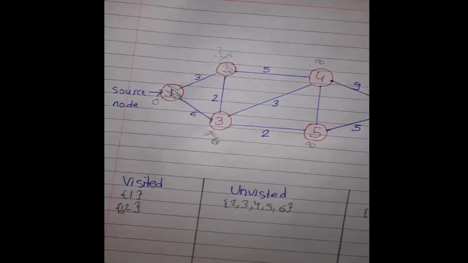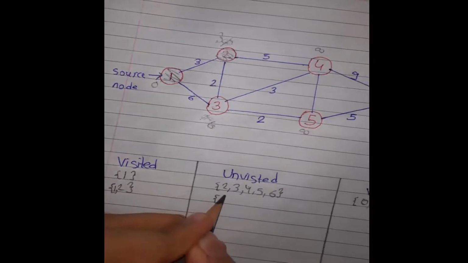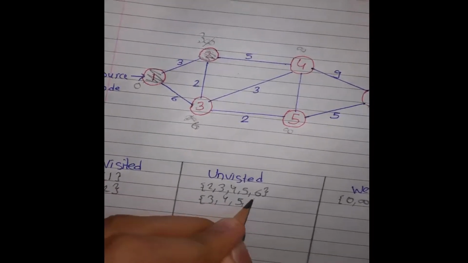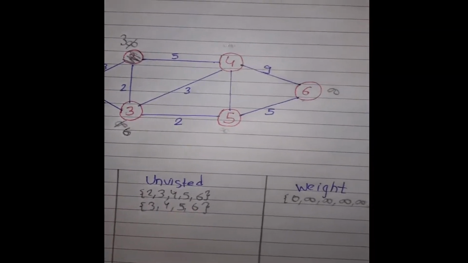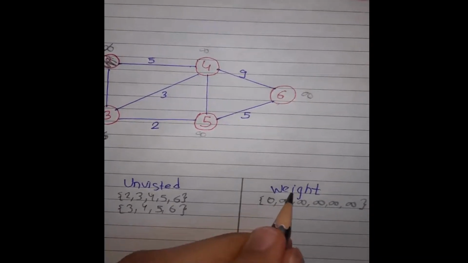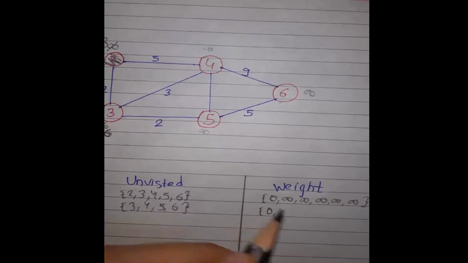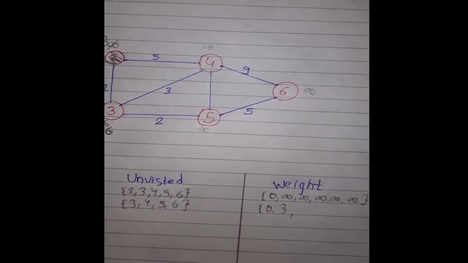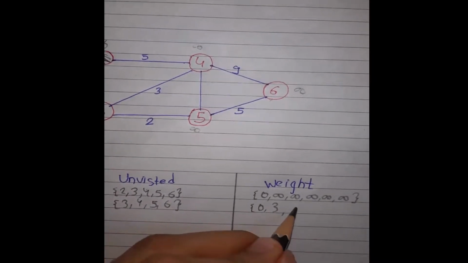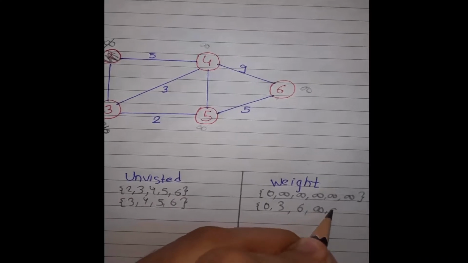One is also visited, so 1 and 2. Unvisited are 3, 4, 5 and 6. And for the weights, we are considering 0, which is the first distance, 3, which is the second node distance, and 6. And all remaining are infinity.